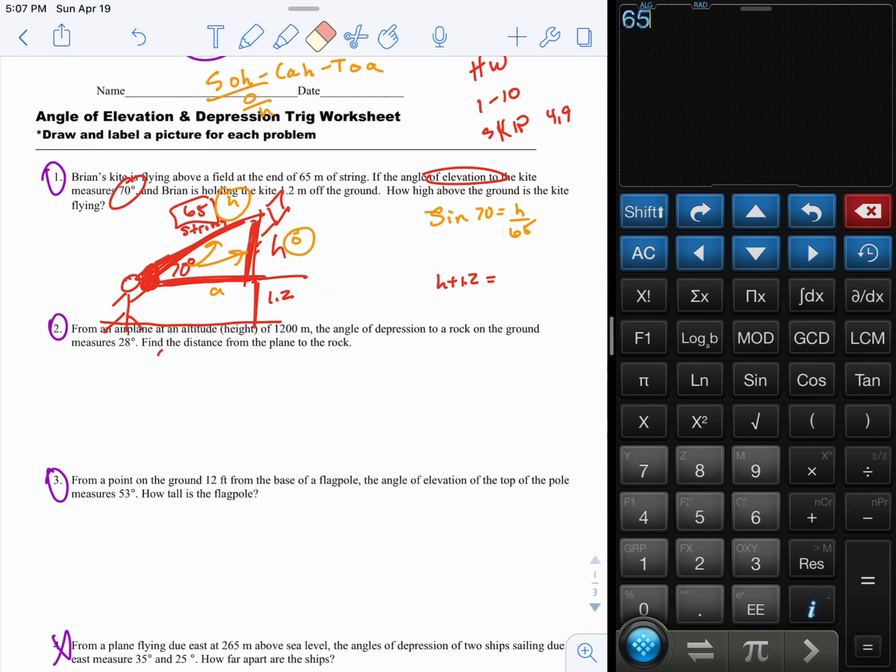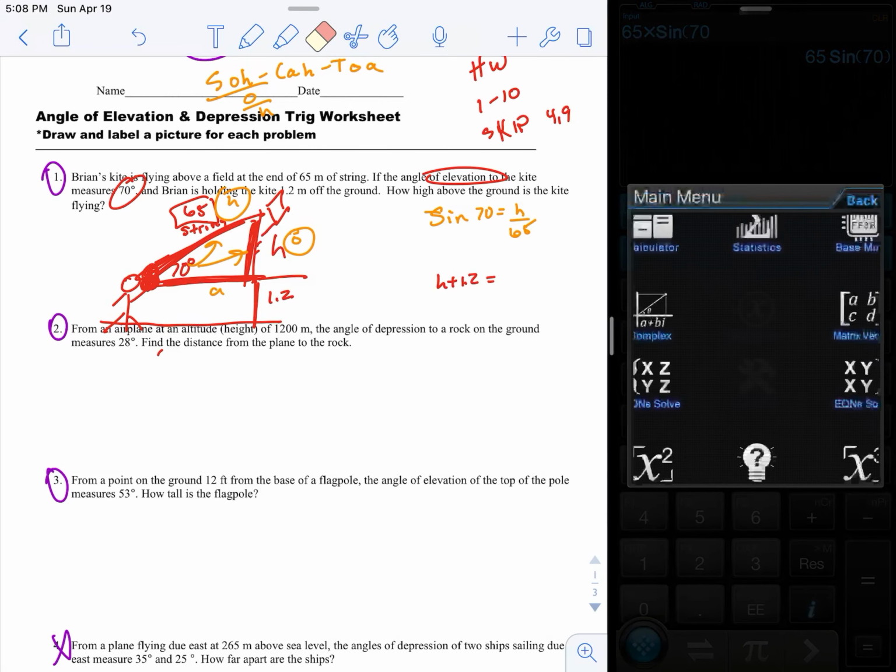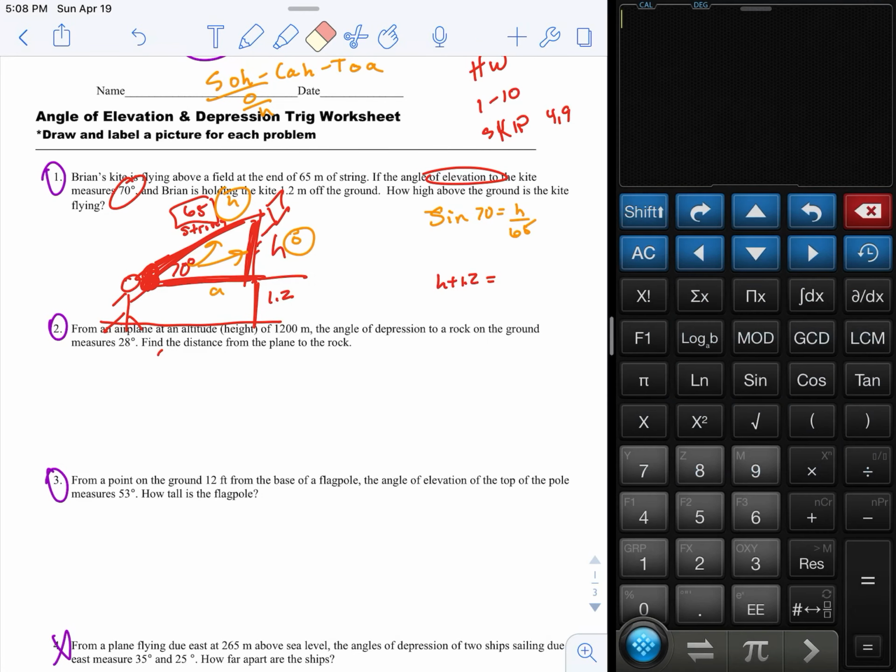Okay. So 65 divided by, no, I'm sorry. H is on top, so you multiply. 65 times sine 70. Okay. I think I gotta go to calculator. 65 times sine 70.